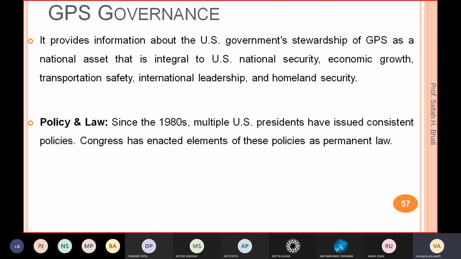Otherwise, the frequency will create interference. It creates disturbance in GPS, wherever they are sending the signal and the receiver side is receiving the signal, right? If the same frequency signal is generated by some other user or some other device, then their signal can also be received. Because of that, whatever signal is received or whatever we are interpreting may be wrong. So that kind of interference should not be there.